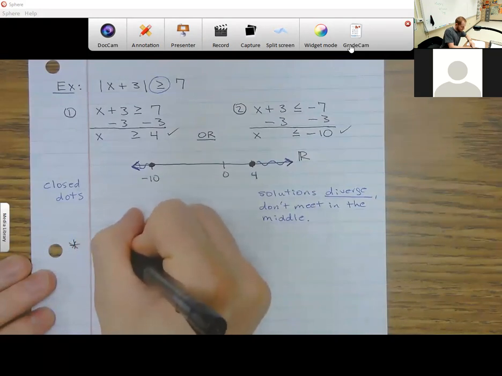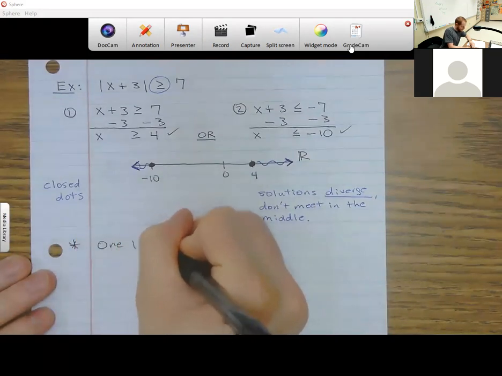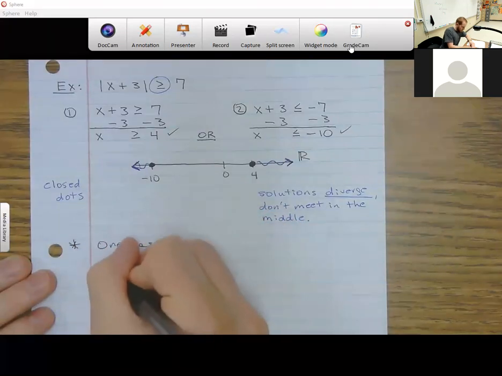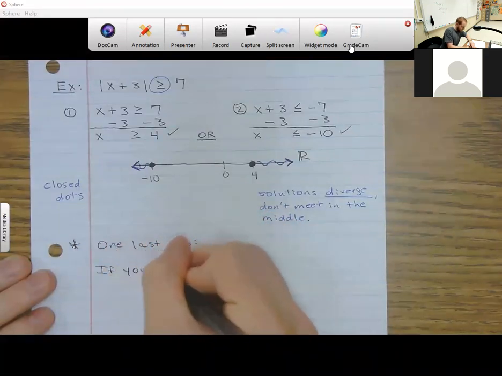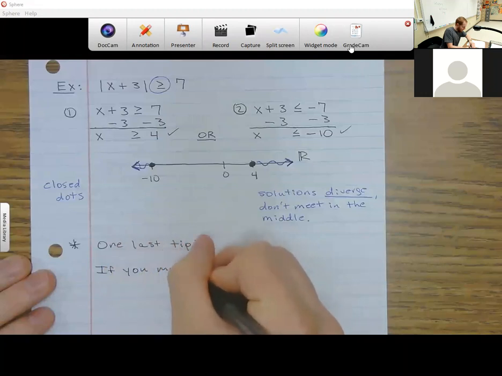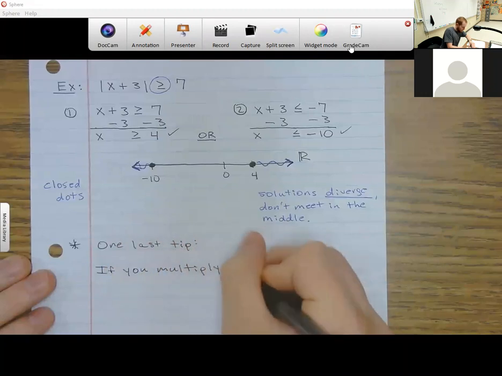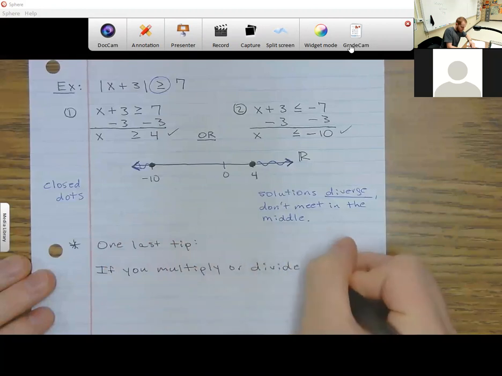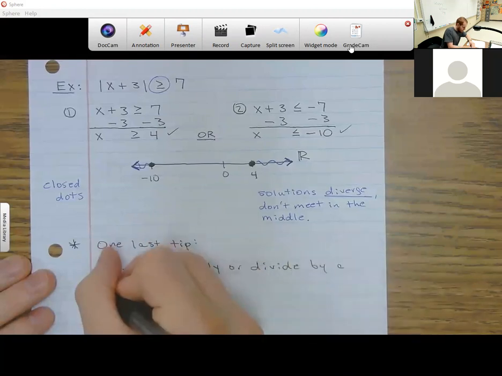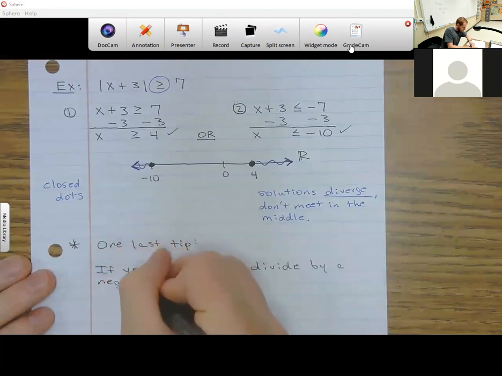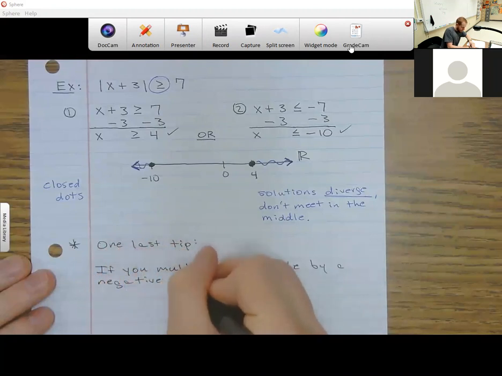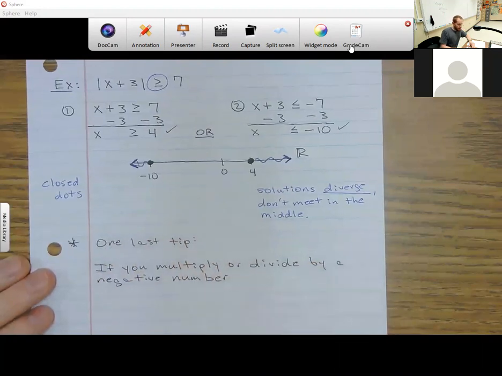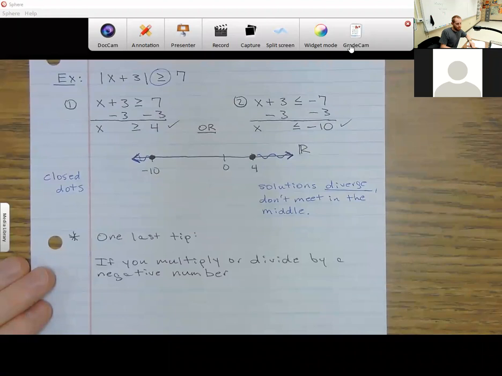One last tip. If you multiply or divide by a negative number, what should you do?